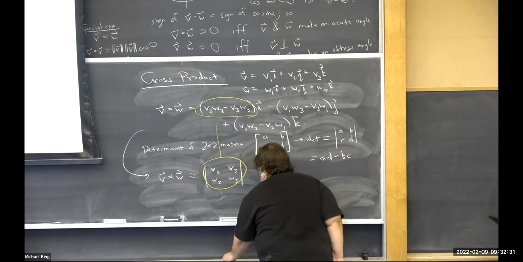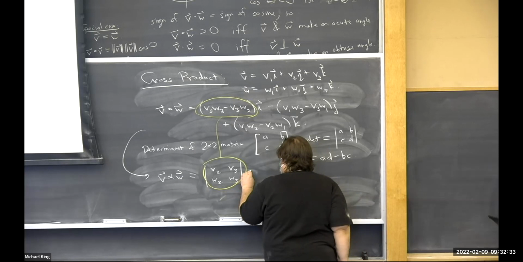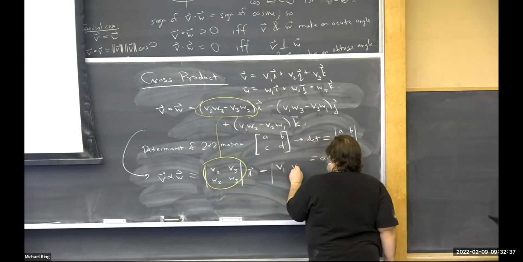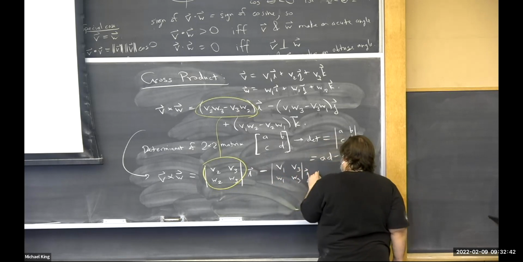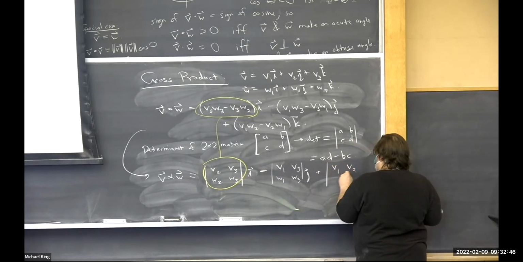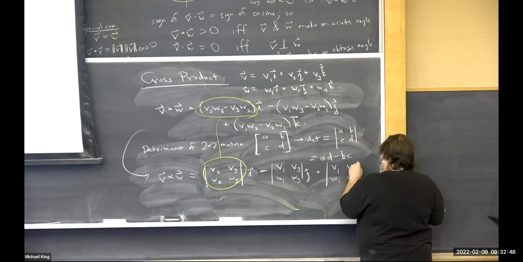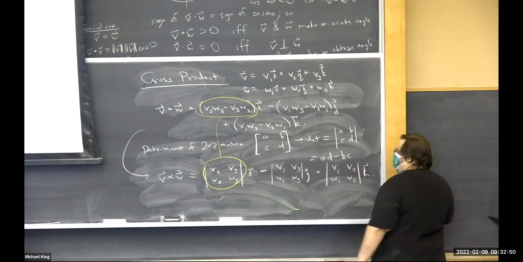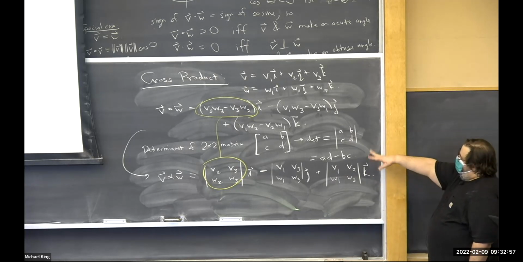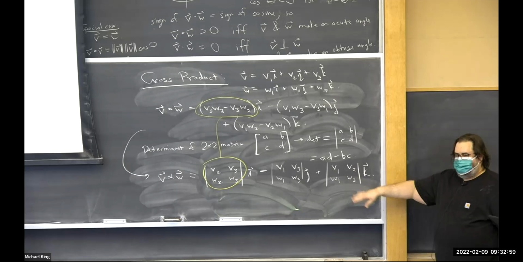And then that's in front of I. Remember, this is a vector. So that's I, and then minus the determinant of V1, V3, W1, W3 times J, plus the determinant of V1, V2, W1, W2 times K. Once you recognize 2 by 2 determinants, you can rewrite it this way and it looks a little bit nicer.